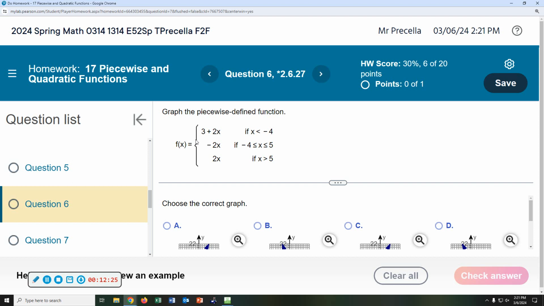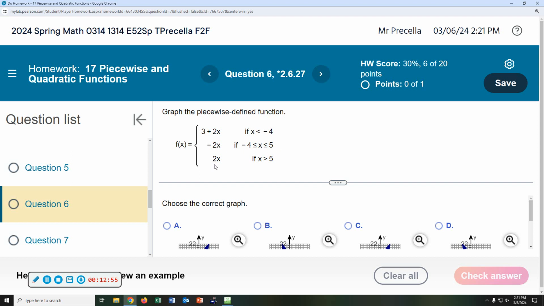3 plus 2x, we're writing that, will give me the y values if x is less than negative 4. So if it's something like negative 5, negative 6, negative 7, negative 4.1. We'll use negative 2x if our x values are between negative 4 and positive 5.